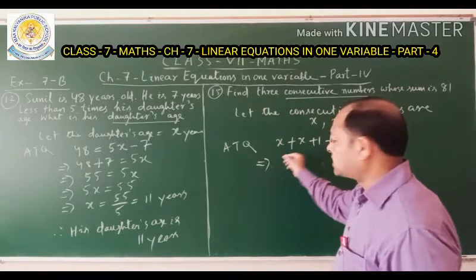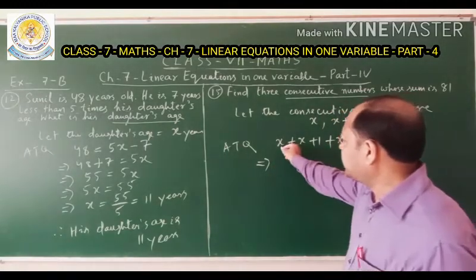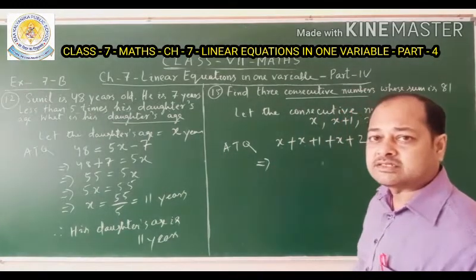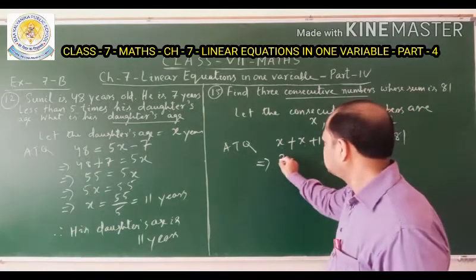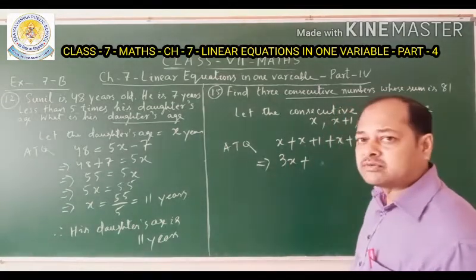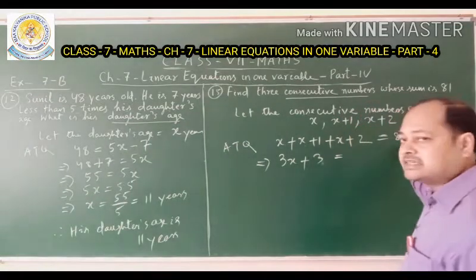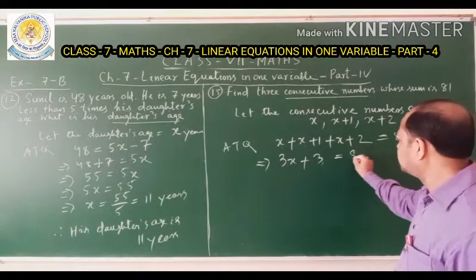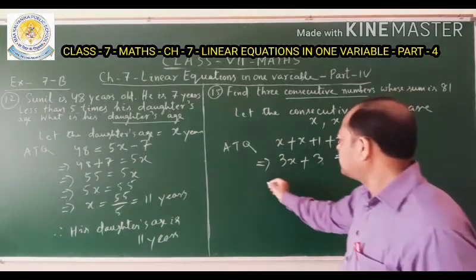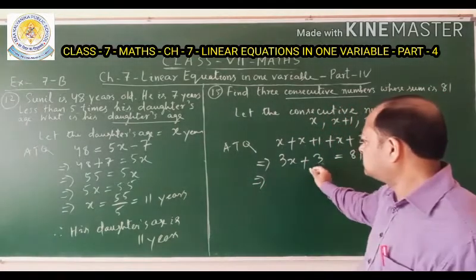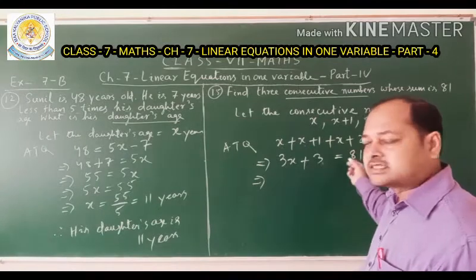So now try to solve this equation. That is x plus x plus x, how much? 3x. Plus 1 plus 2, how much? 3. Equal to how much? On the right hand side, that is 81. Okay. So now this 3 is to be transposed to the other side.